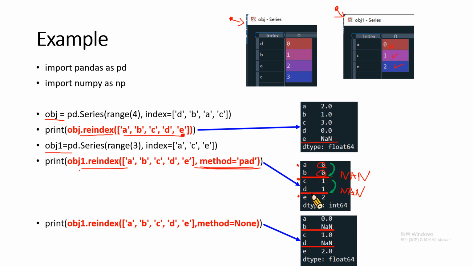And for index D, the value should be NaN, but now if we look back, the first valid or non-NaN index is C, and the value is 1. Then we copy the value for index C to the value for index D. So this is the result.